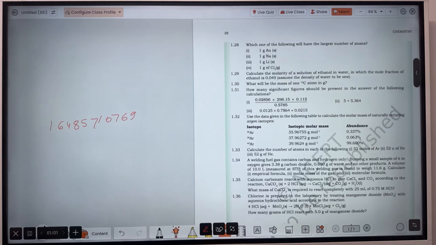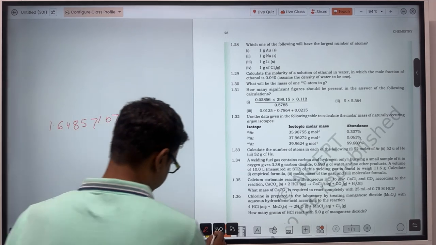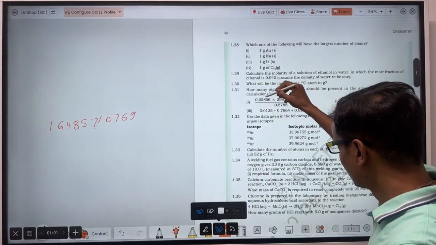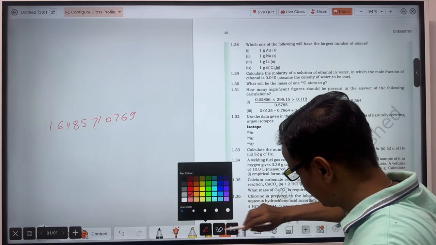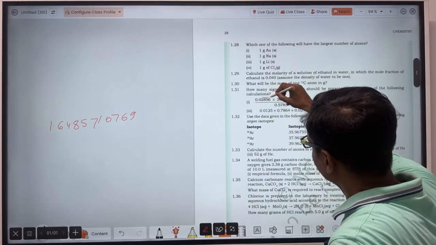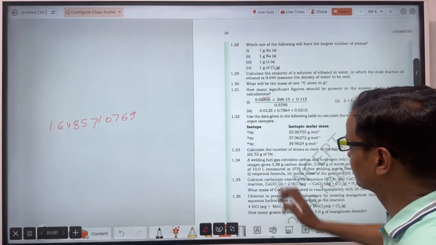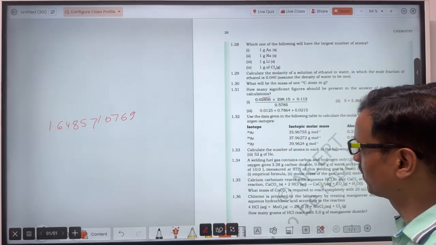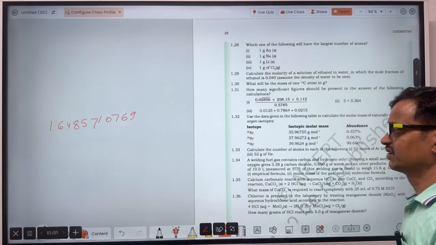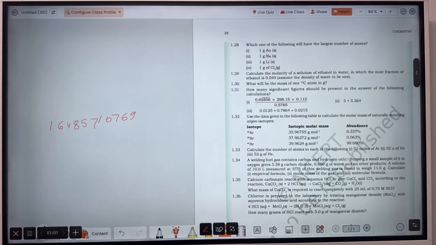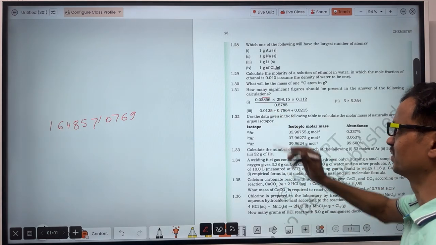Now how to report? Watch out here. Here the number of significant figures is 4, because the zeros left of the first non-zero digit are not significant. That's why the number of significant figures is 4.